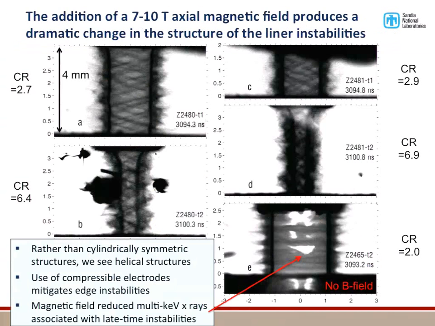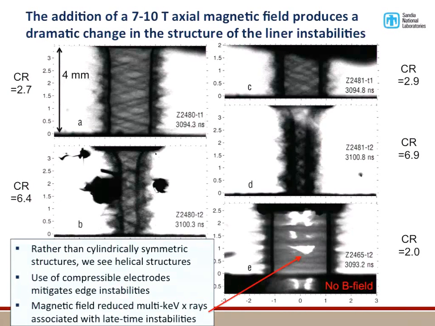But most interestingly were these great radiographs we got from these first experiments using 7 or 10 Tesla as our seed field. So these are flux compressing experiments. We don't have a diagnostic yet to measure the flux compression, but we are assuming that it's working fairly well. Here you can see a radiograph of the exact same target without the BZ field applied.